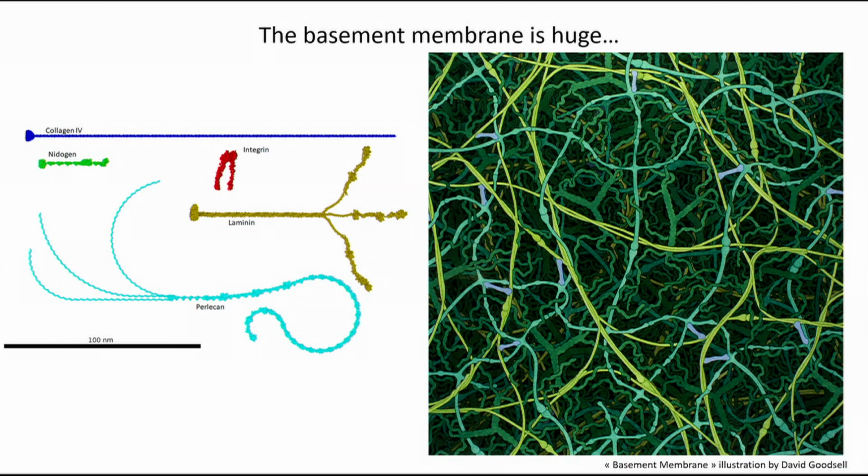And on the right is a picture that I like to use in many of the presentations I do on the basement membrane, called basement membrane by David Goodsell. What you can see is that if we want to model this kind of system in all-atom glory, we are not only talking about one perlecan, but about several perlecans. And this applies to all the other molecules involved in the basement membrane.